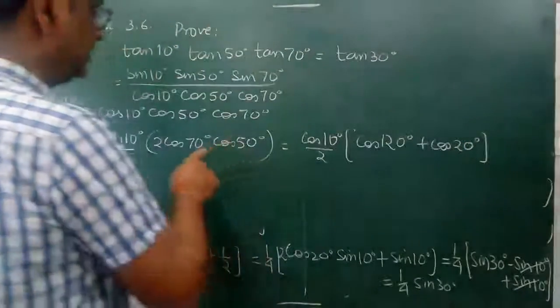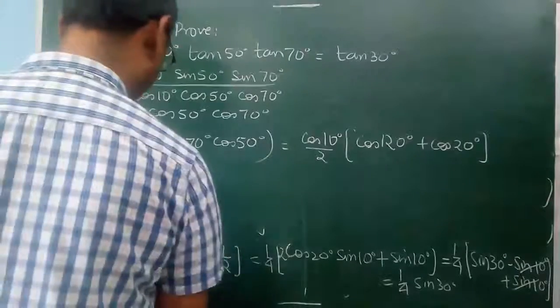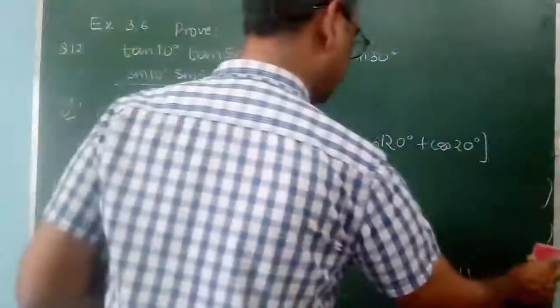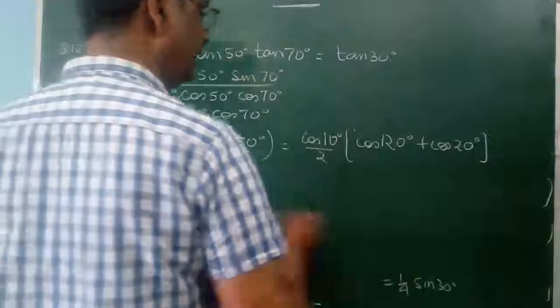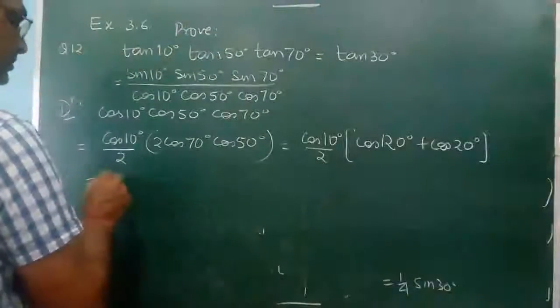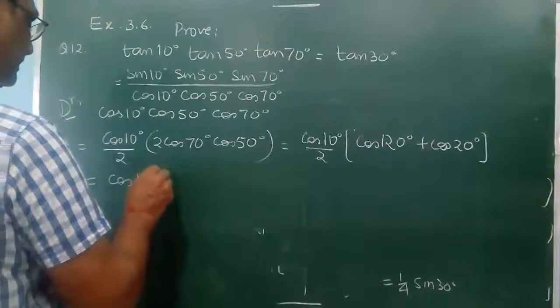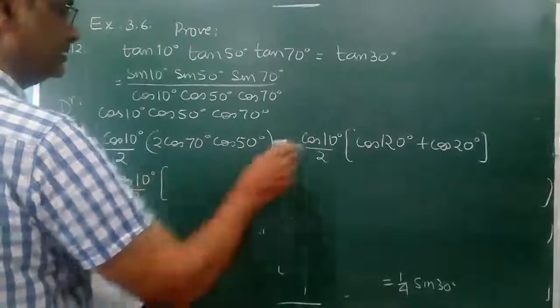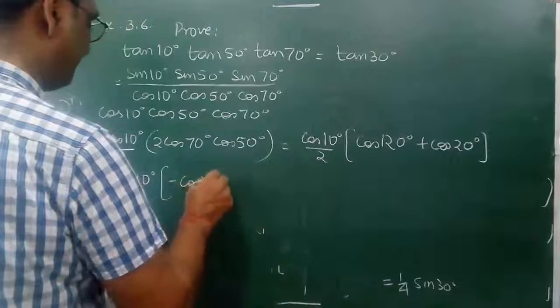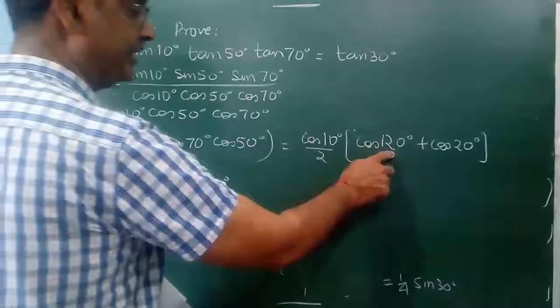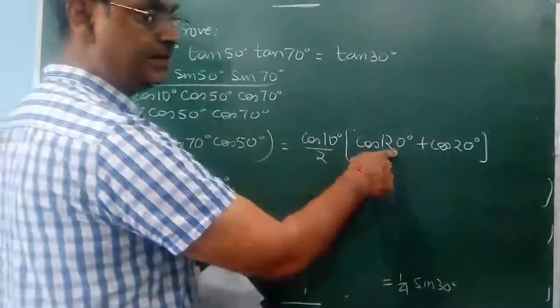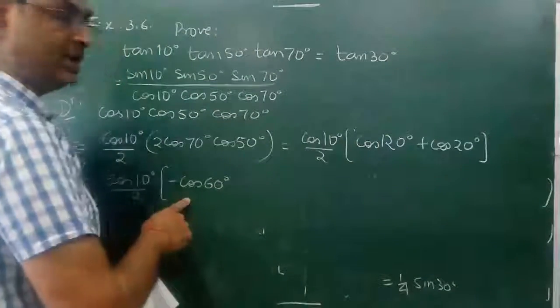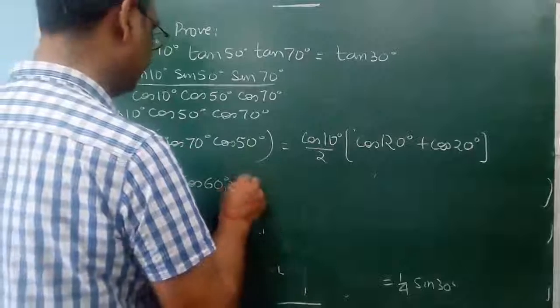Cos A plus B plus cos A minus B. This one we have got, this equal to cos 180 minus 60. Cos 180 minus 60 is minus cos 60. So I am writing here minus cos 60.